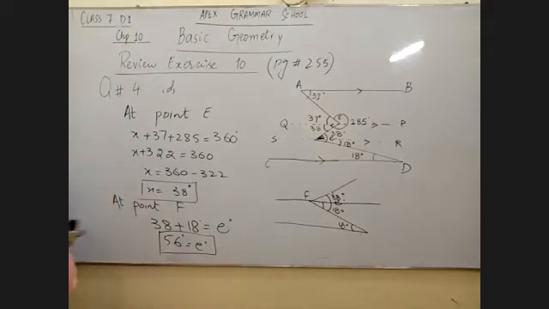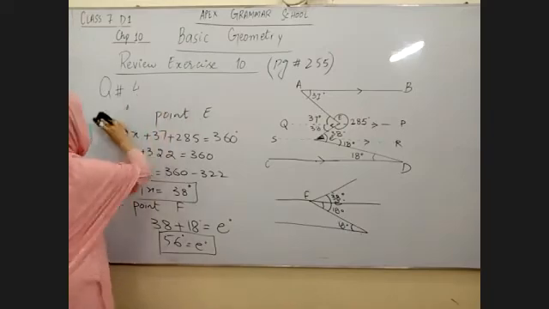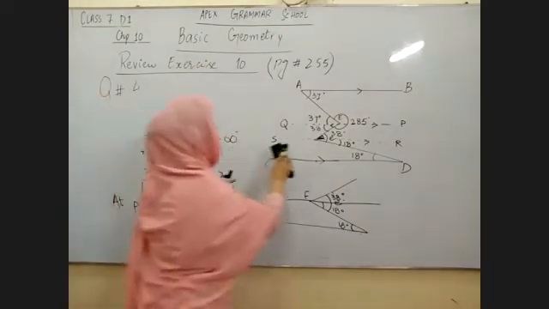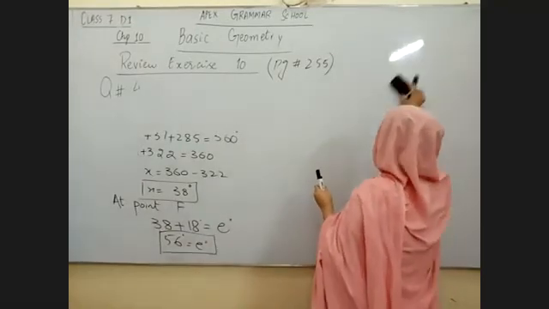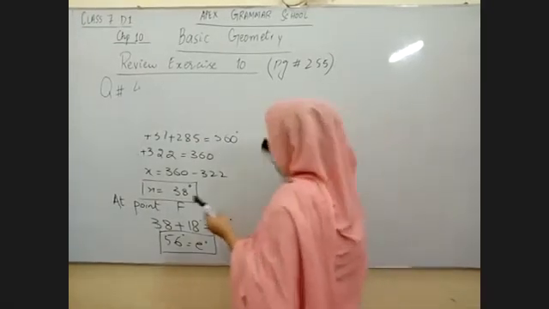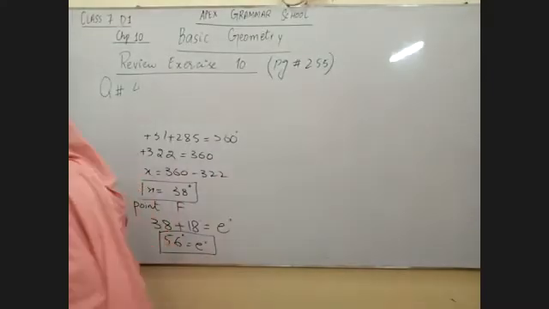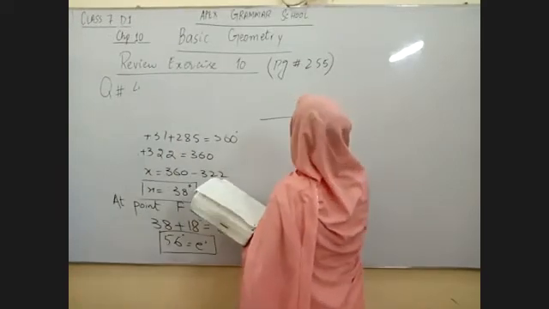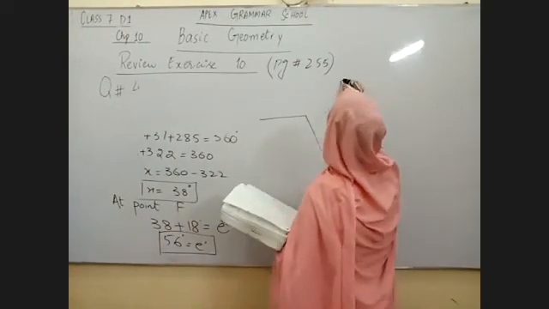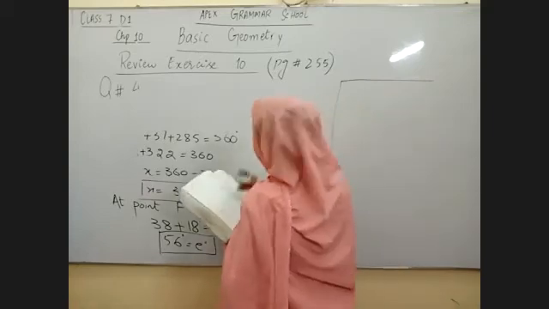Now I am going to start your question number 4, E part. Question number 4, E part is a little easy, so I'll try to guide you and will give it to you as your homework.